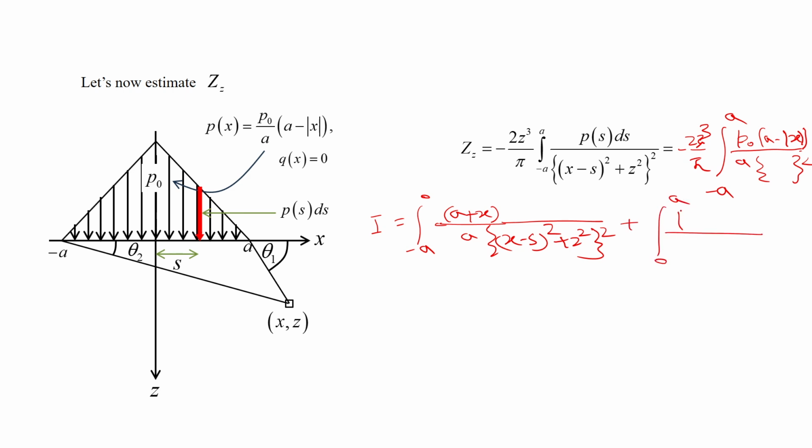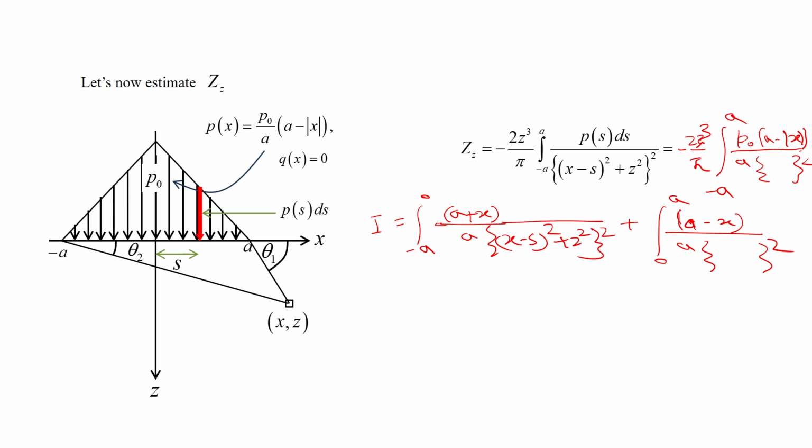In this limit it is a plus x by a, and this is whole square. So, like that. This is a plus x, sorry, it is a minus x, because between 0 to a this mod of x should be written as x. Therefore, it is a minus x like that.